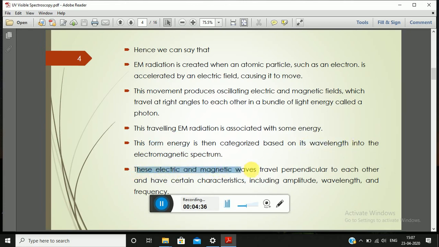These electric and magnetic waves travel perpendicular to each other, and they have some peculiar characteristics which include amplitude, wavelength, and frequency. So amplitude, wavelength, and frequency are important characteristics of electromagnetic radiations.